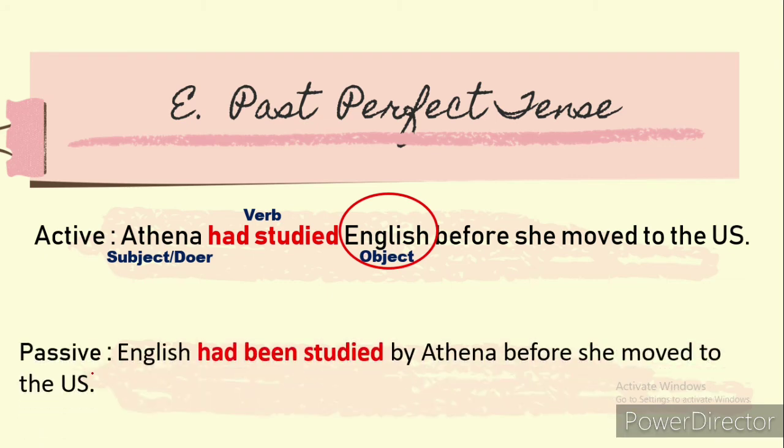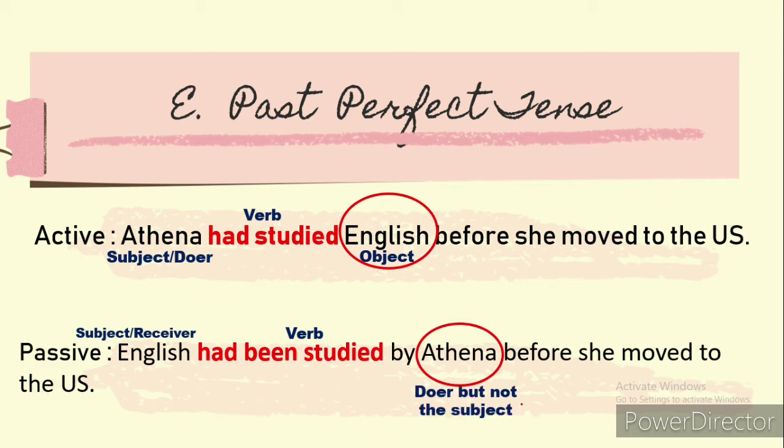Now, in passive voice, it will become English had been studied by Athena before she moved to the US. English now is the subject but not the doer of the action had been studied. And then Athena here is the doer but not the subject.